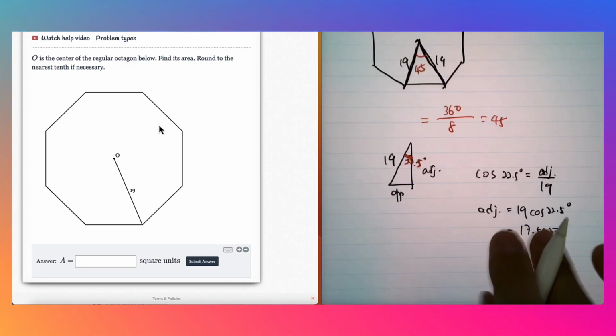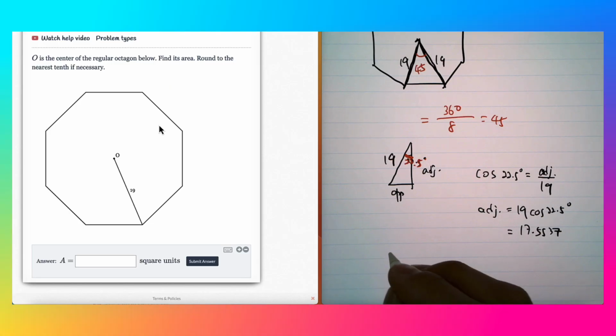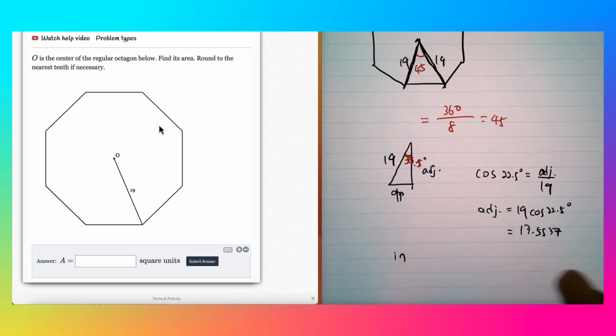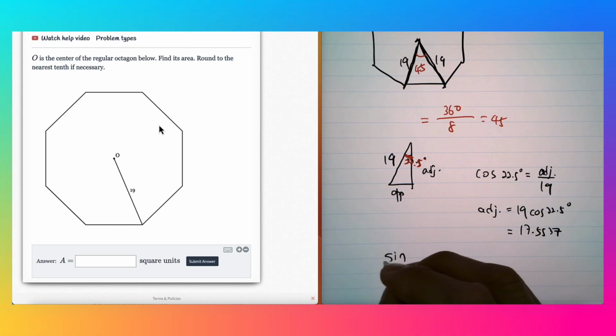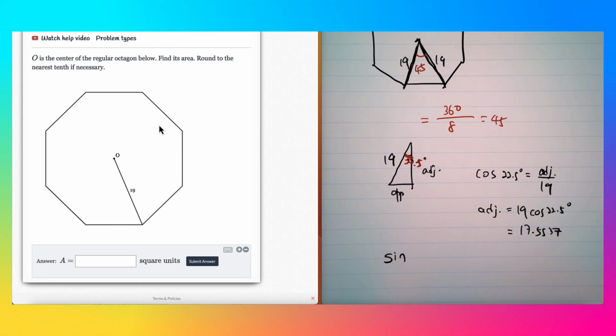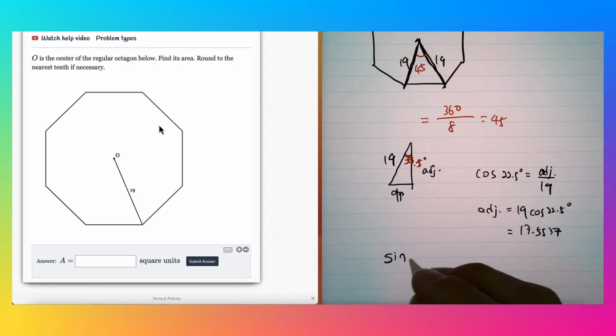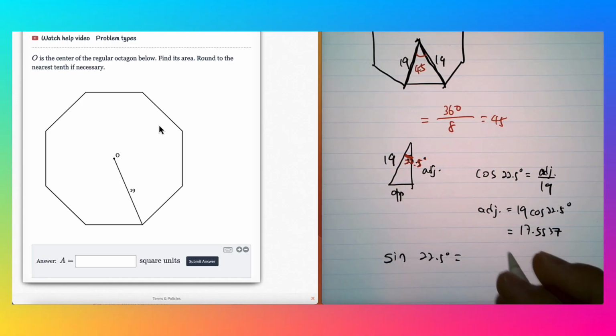And then for opposite here, we need to use sine. Well, technically you can also use Pythagorean at this point, but since our answer contains this decimal, let's just use sine instead of Pythagorean. So sine of 22.5 degrees is opposite over hypotenuse. Remember SOHCAHTOA? Opposite over hypotenuse.